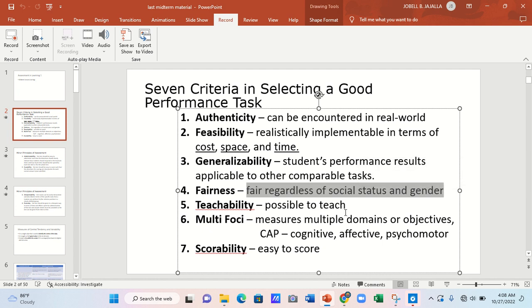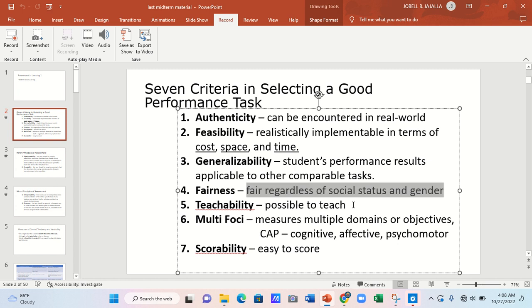In performance tasks, we always have to take fairness into account. Can all the students with different social status do the task equally?